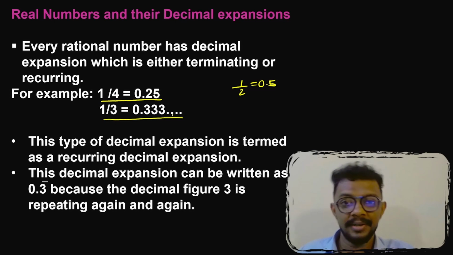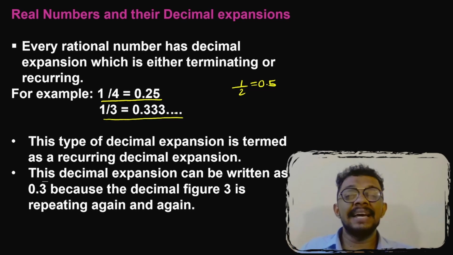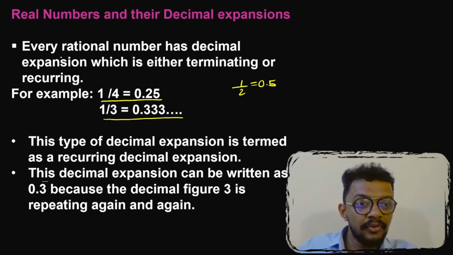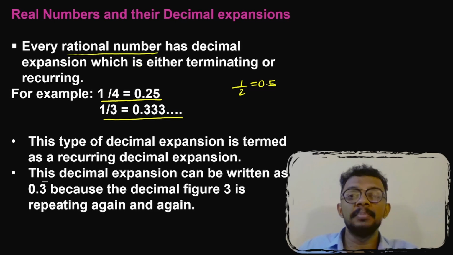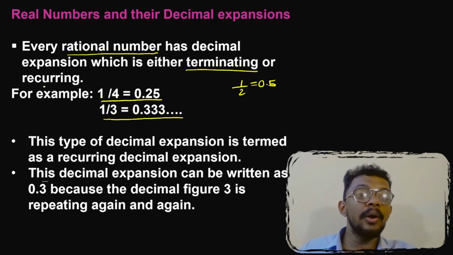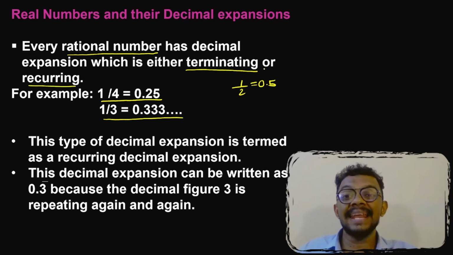0.33333 and going on. Always understand, every number has a decimal expansion, and for every rational number, the decimal expansion has only two choices: either terminating or non-terminating recurring.